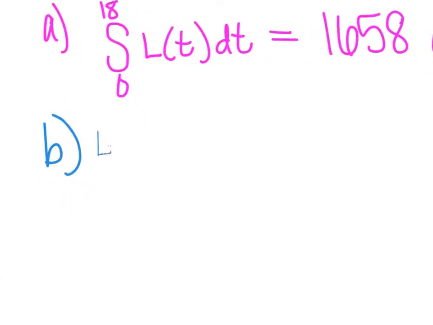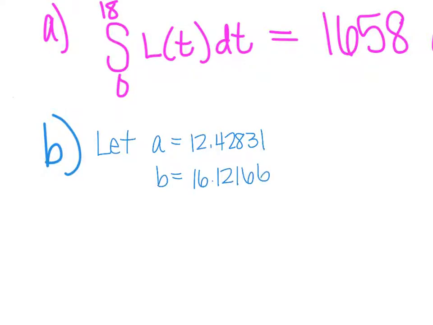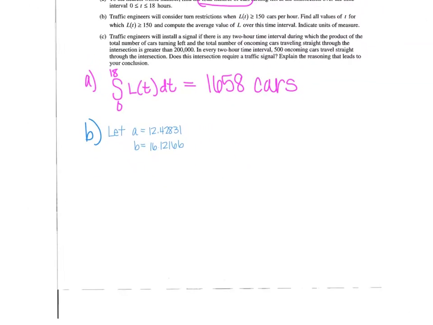And then I like to store them, remember? So on my paper, I wrote let A equal 12.42831, and let B equal 16.12166. I found those by finding the intersection.